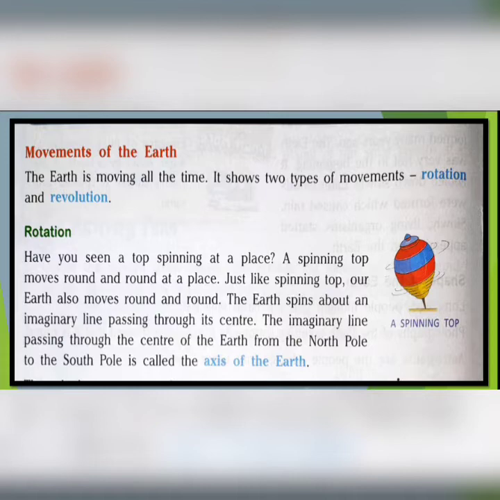Here you have learnt a new term, right? Axis of the Earth. What is it? An imaginary line which passes through the center of the Earth from the North Pole to the South Pole. And our Earth spins about this imaginary line.